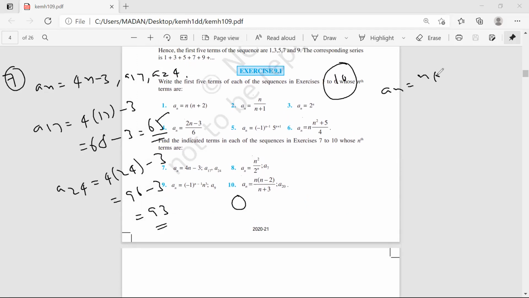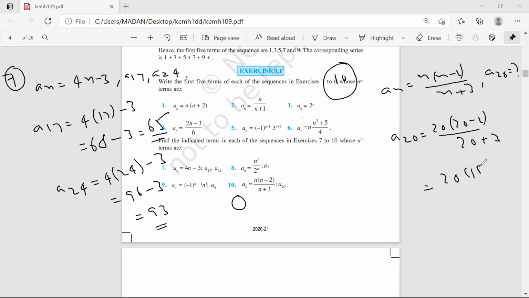An is equal to n into n minus 2 by n plus 3. Find A20. 20 into 20 minus 2, by 20 plus 3. That is 20 into 18 by 23.